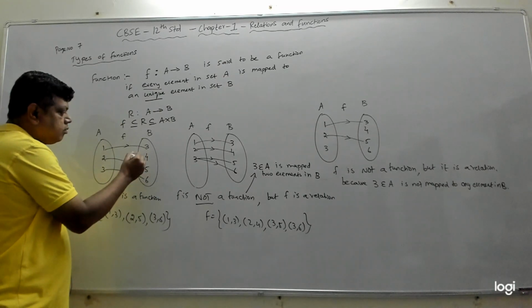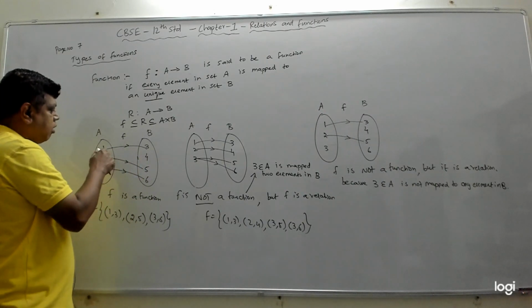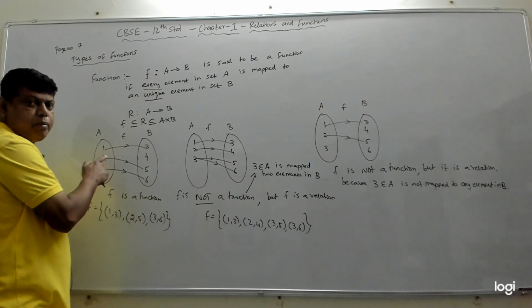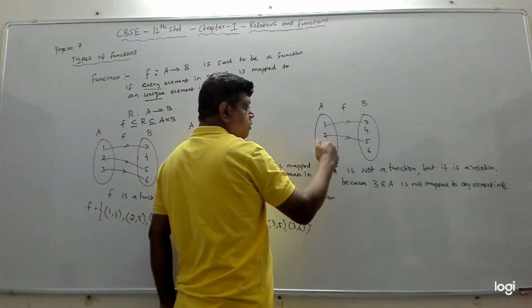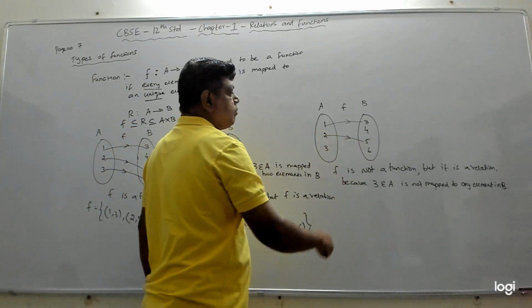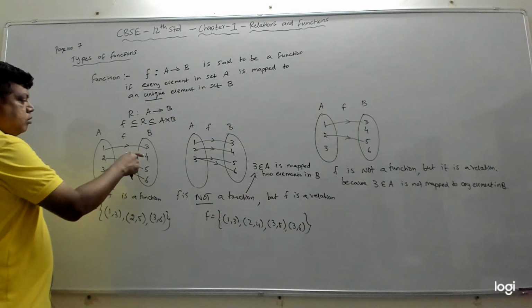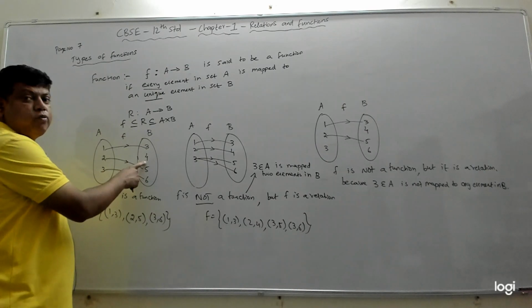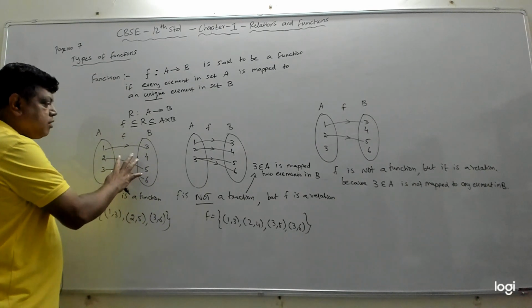Here 4 is not mapped, or no element in A is mapped to 4. That is okay. But from A you should not leave out anything. Every element should have a mapping. That is fine, so this is still a function.